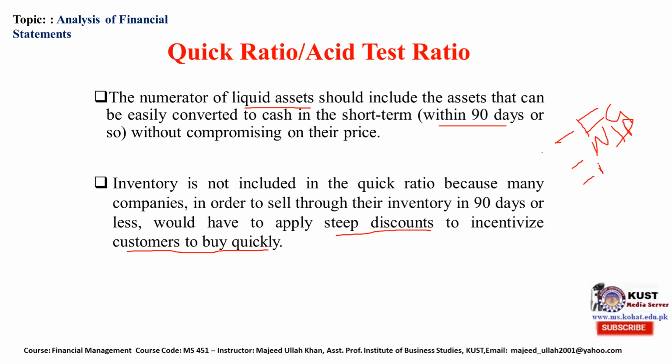All these three things are included in inventory. But when finished goods are sold at deep discount, then they will lose their value. That's why one of the reservations of the investor on inventory is that in order to give incentives to the customer, the company also sells its inventory at discounts. So it is excluded in the quick ratio or asset test ratio.